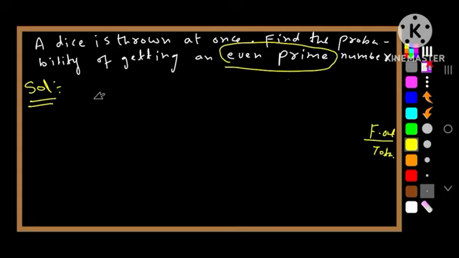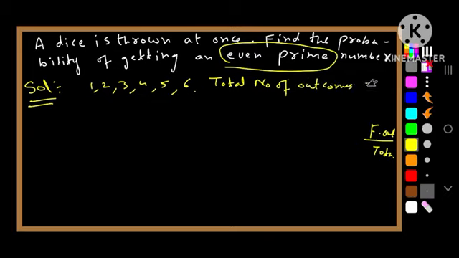This is a dice, no? For a dice, generally the outcomes will be 1, 2, 3, 4, 5, 6. So the total number of outcomes is 6. We have 6 outcomes.